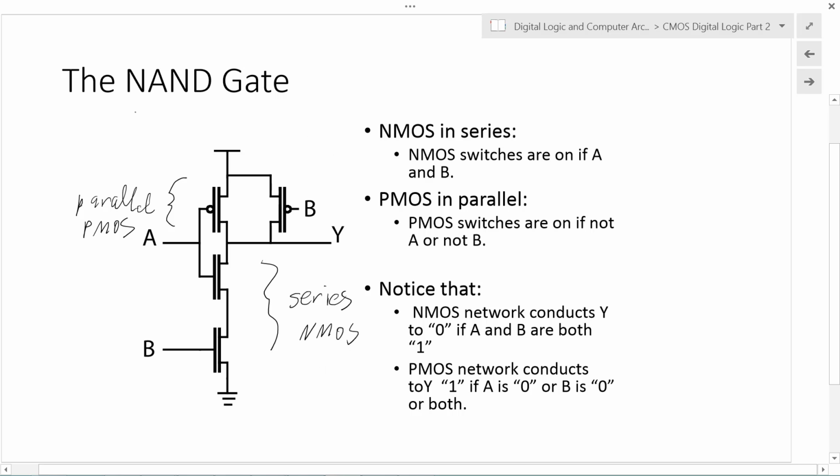This is for the NAND gate. So here, Y equals A ANDed with B, quantity primed. Right?